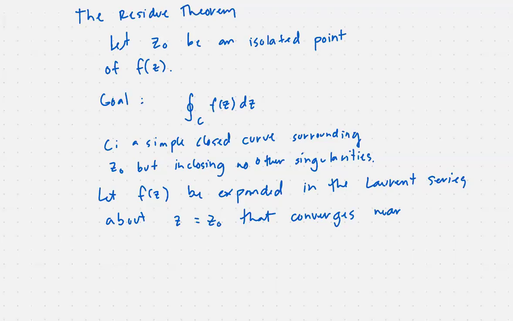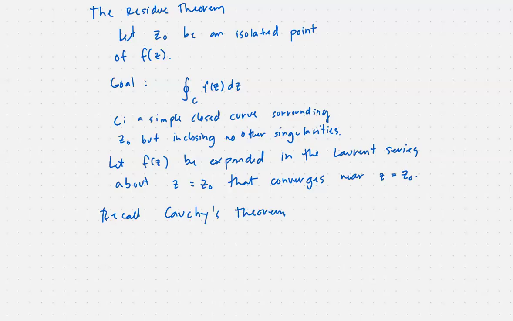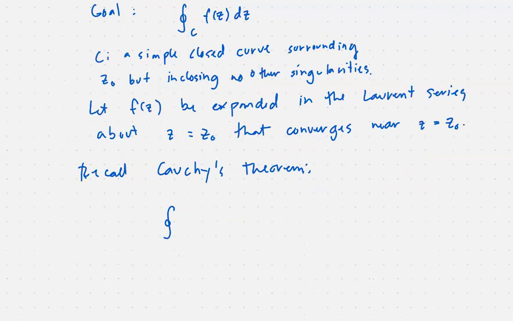Okay? Now, remember our Cauchy's theorem. So recall Cauchy's theorem. We can get the integral of our B series, or in this case, we just take the B1 because that's where the rest, that is our residue, right?